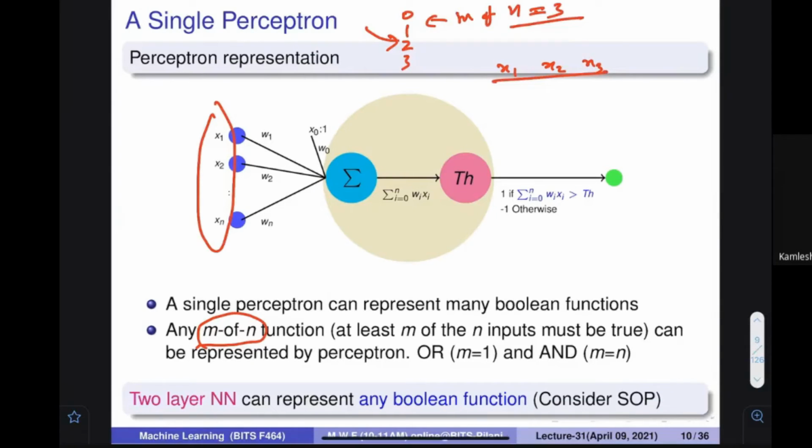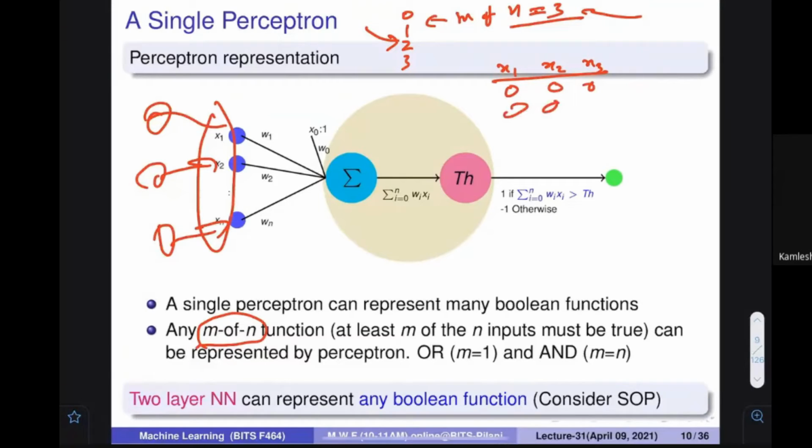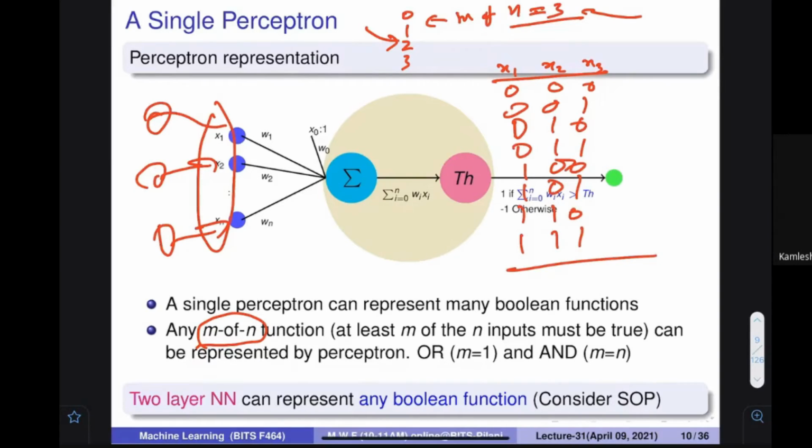What could their values be? Let's assume the values are 0 or 1, fed by some other perceptrons. The possible inputs are 000, 001, 010, 011, 100, 101, 110, 111. These 8 combinations are possible. If m is equal to 2, then when two or more inputs are 1, the output is going to be 1.